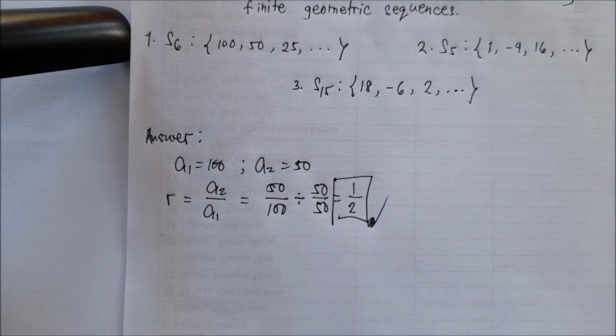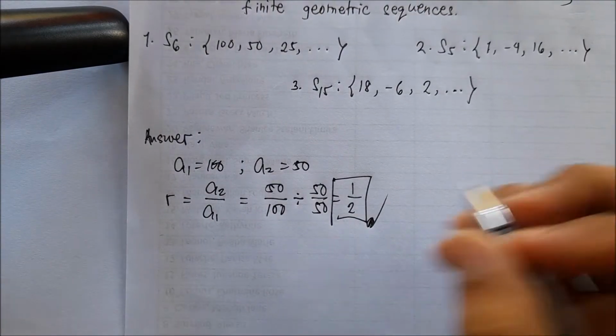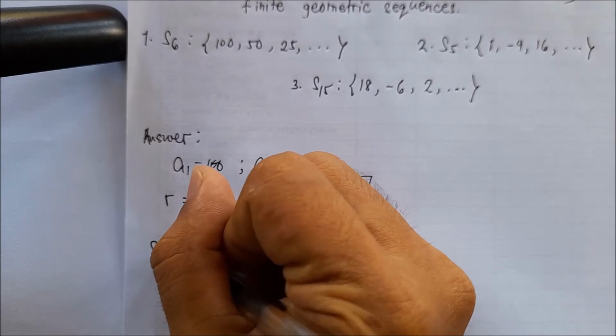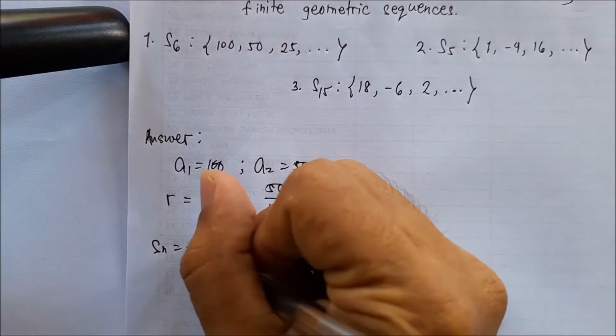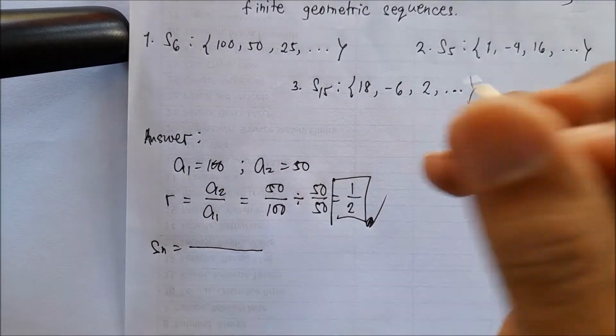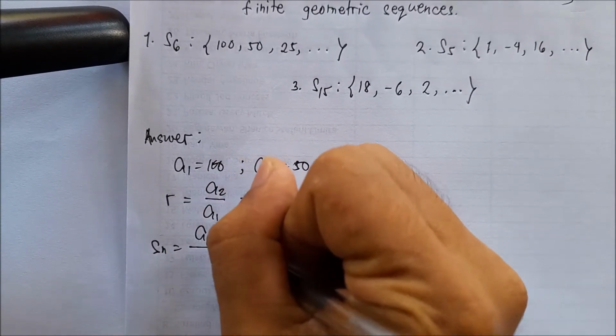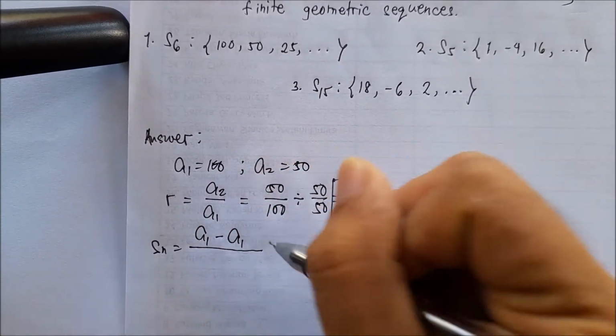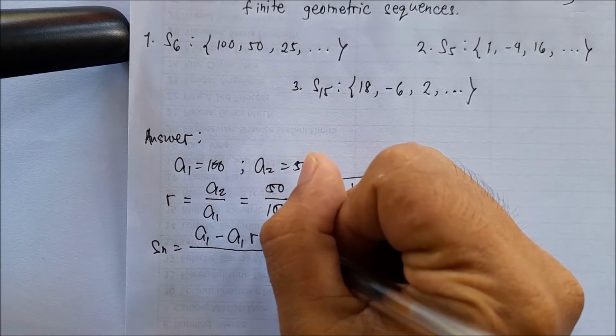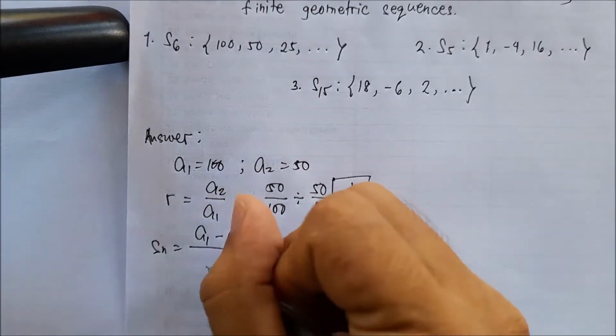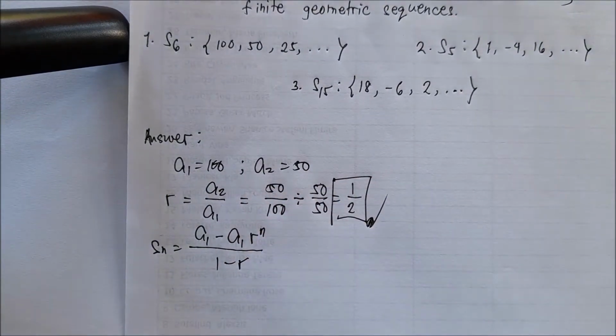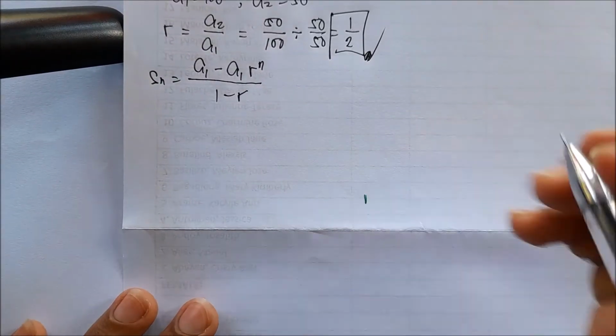So the ratio is 1/2. Let's apply the formula, which is S sub n equals a sub 1 minus a sub 1 times r to the power of n over 1 minus r. So this is the formula. Continue.